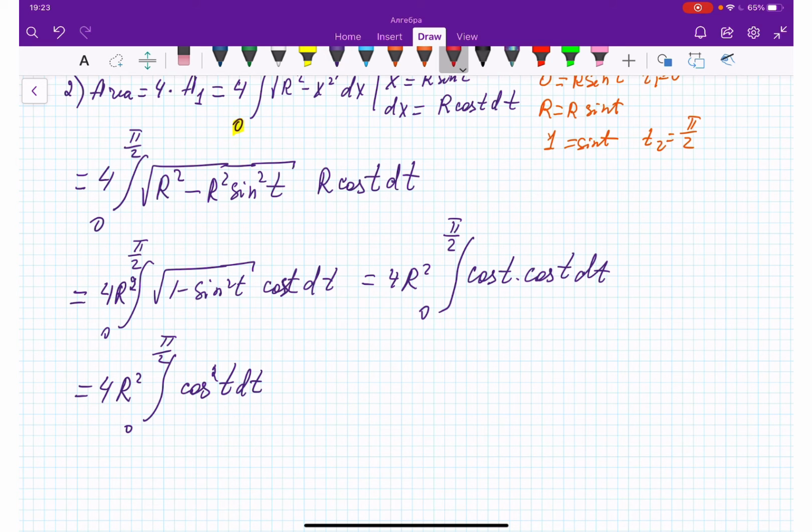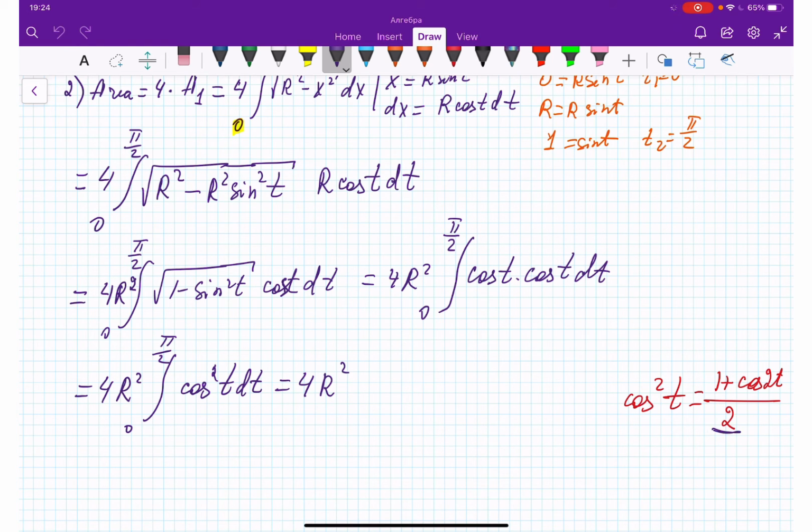And applying the formula, cosine squared t is equal 1 plus cosine 2t over 2. This is equal, I am applying 4 r squared.